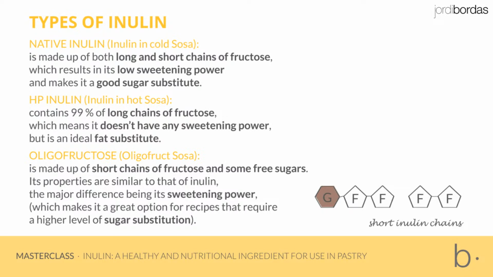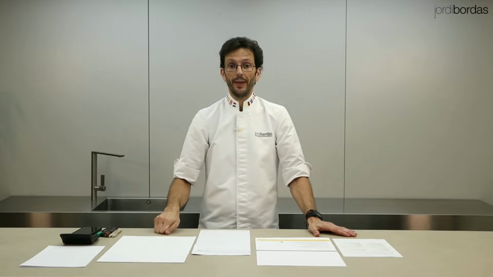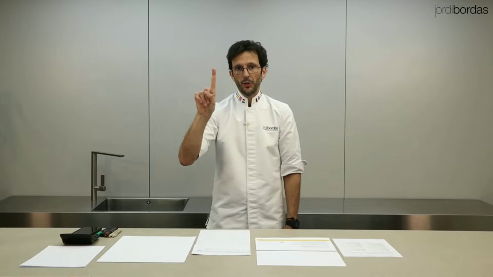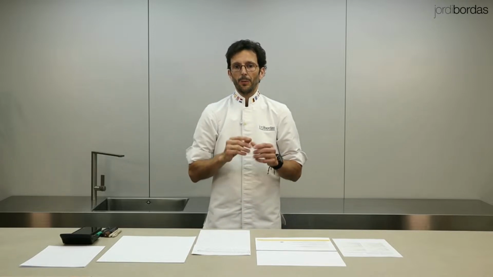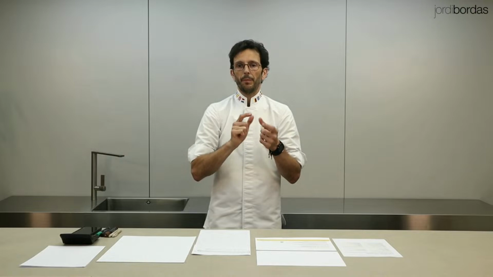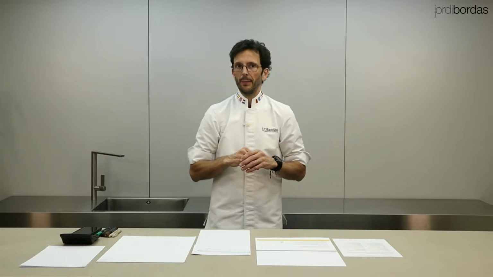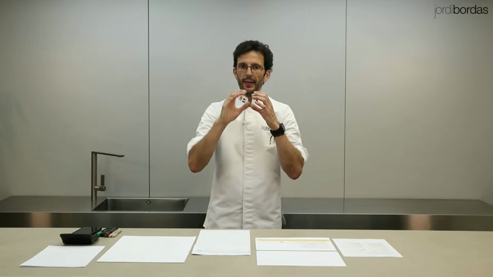That means that, for example, I have one recipe with one process that is oversweet, and I want to reduce the sweetness. What is the solution, Jordi, in that recipe? If you want to reduce the sweetness, one option is to use native inulin. Native inulin you can substitute, in general, 1:1, in recipes like gelée textures, creamy textures, mousses, in order to reduce the sweetness.